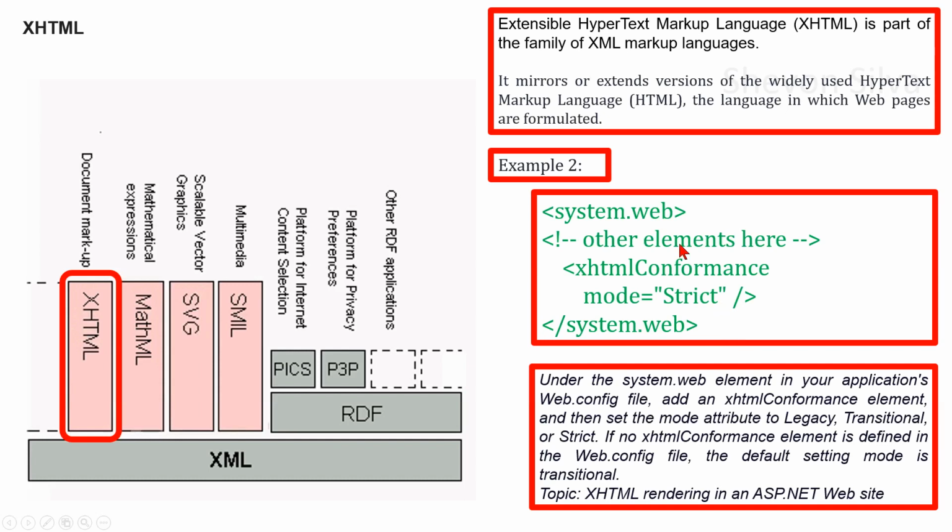Under the system.web element in your application's web.config file, add an XHTML conformance element, and then set the mode attribute to legacy, transitional or strict. If no XHTML conformance element is defined in the web.config file, the default setting for mode is transitional.